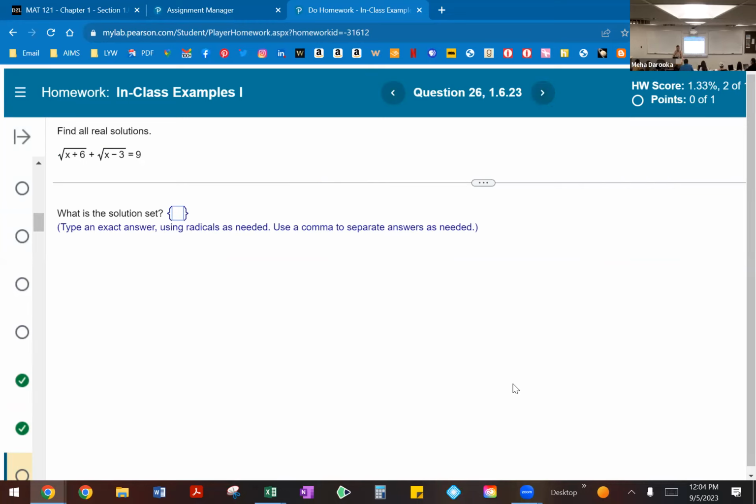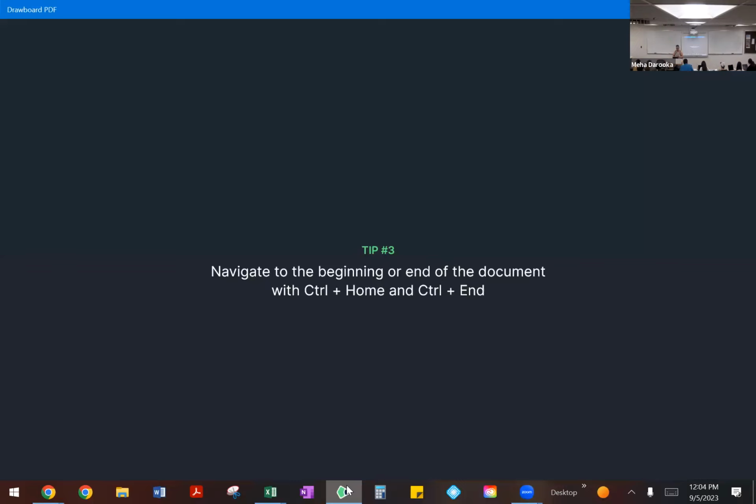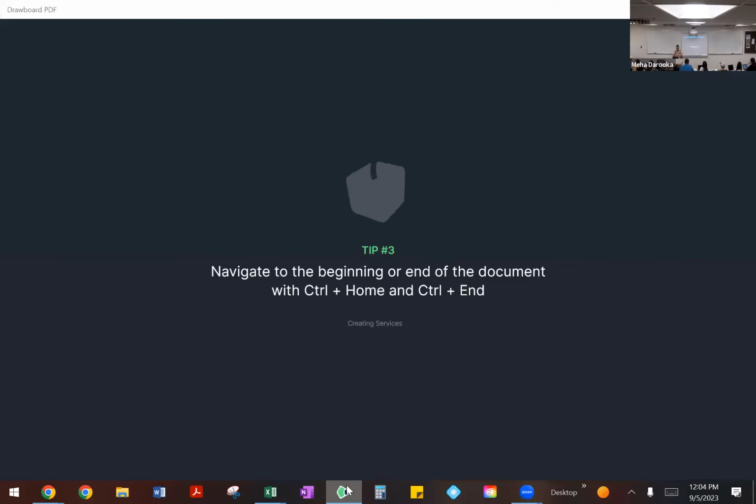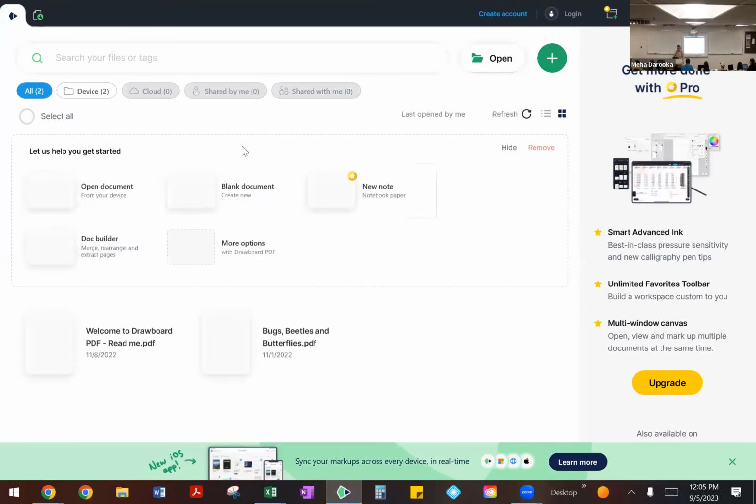Kind of afraid to try. Let's see, Draw Board. Because if it takes too much processing, then my tablet doesn't like it if I have too many applications open. So I'm going to try Draw Board, but sometimes it takes less processing.